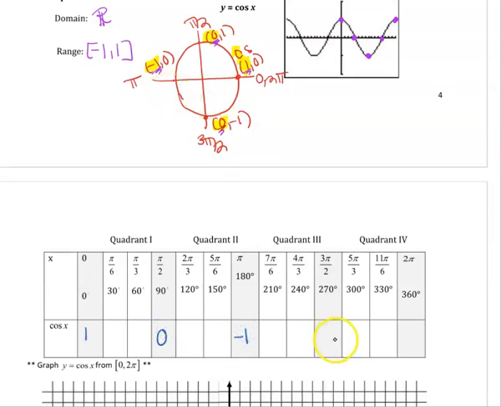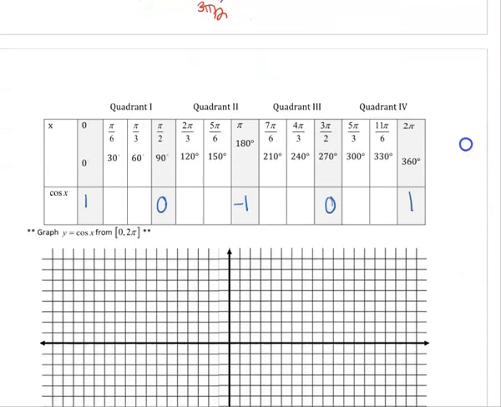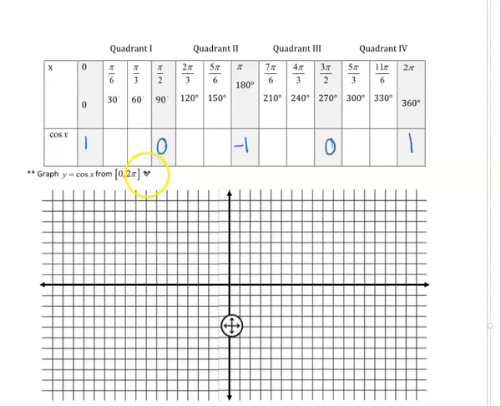At 270, we have 0. And at 360, we have 1. These are what we're going to plot. Now, from 0 to 2 pi, same setup. Every 3 boxes is pi over 2. And I'm going to go back to every 2 boxes equals 1 unit on our y-axis.